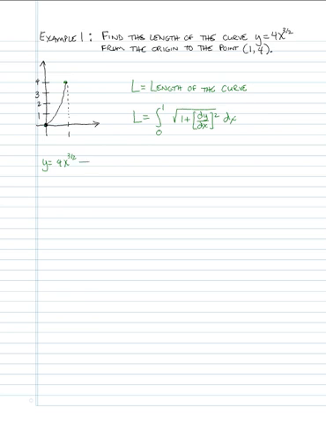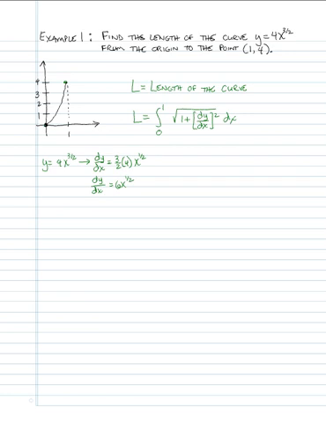So the derivative of y with respect to x is 3/2 times 4 times x to the power 1 less than 3/2. Well, 3/2 minus 1 is 1/2, isn't it? And so the derivative of y with respect to x is 6x to the power 1/2.